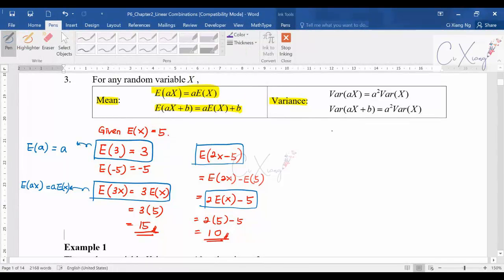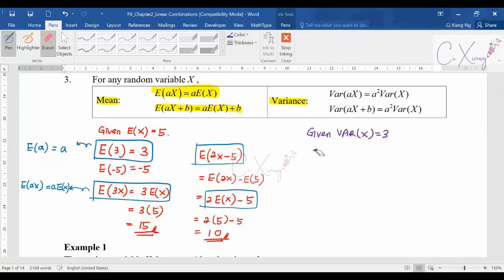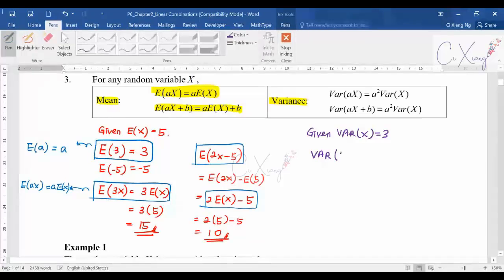Okay, all right. Then now let's continue to the other. Let us talk about variance. So if let's say I give you variance of X is equal to, let's say, 3. First, if they want you to calculate the value of variance, maybe I want you to find the variance of 2.